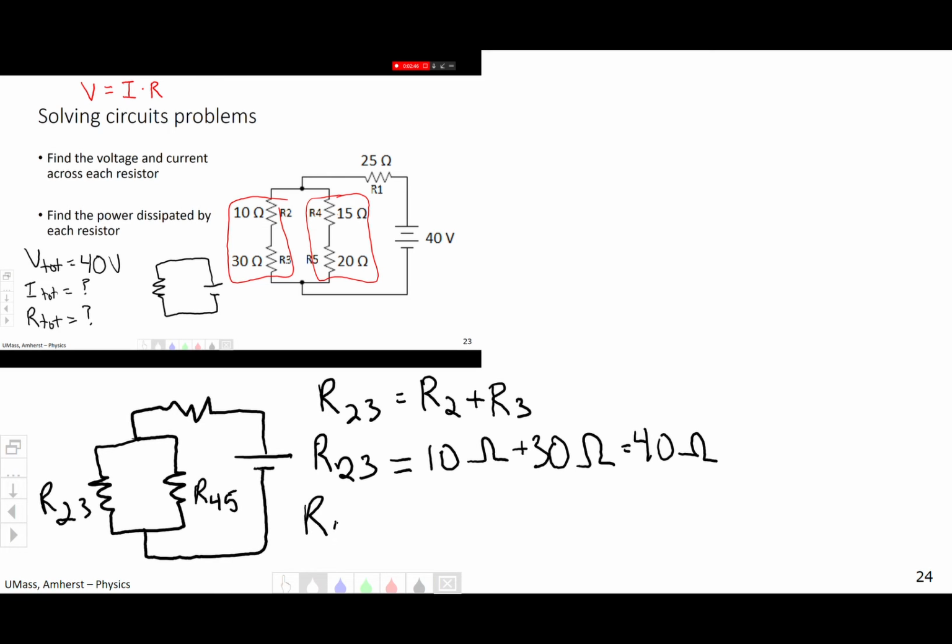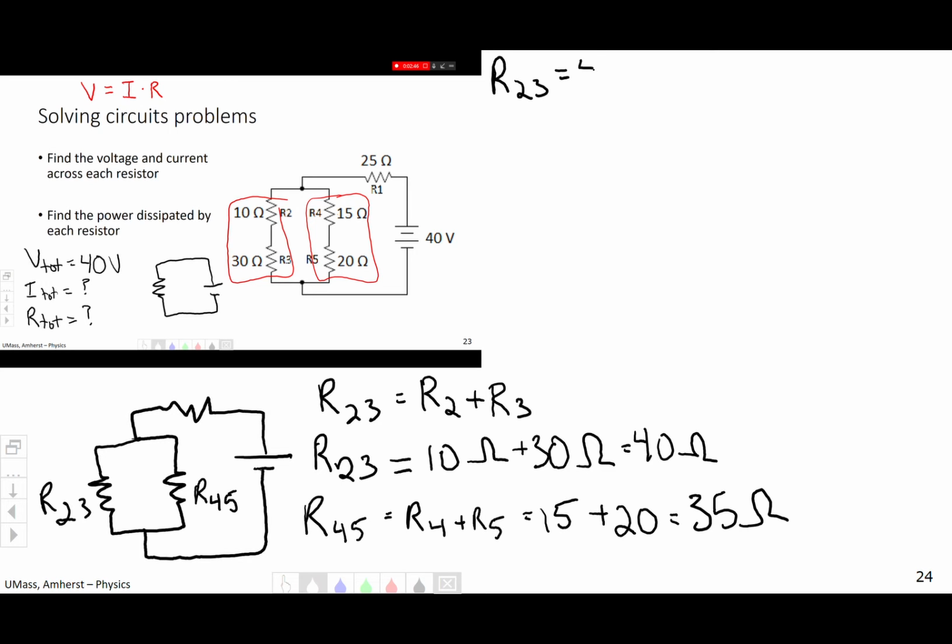And R45 is R4 plus R5, which is 15 plus 20, which is 35 ohms. Okay, so now we have R23 is 40 ohms, and R45 is 35 ohms. Great. So now we have that.